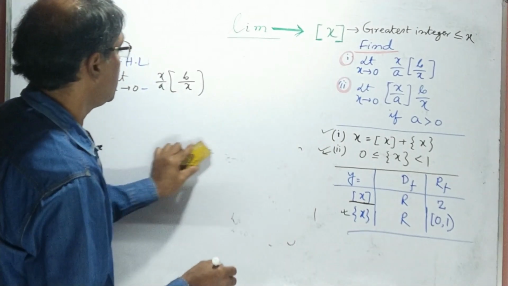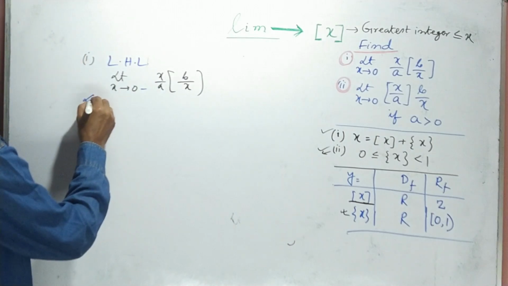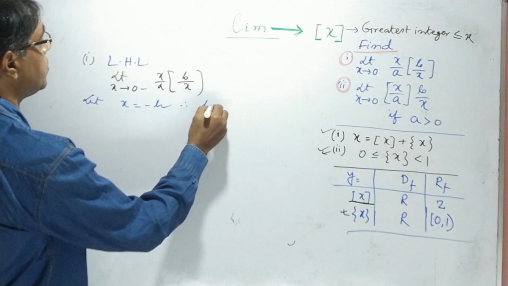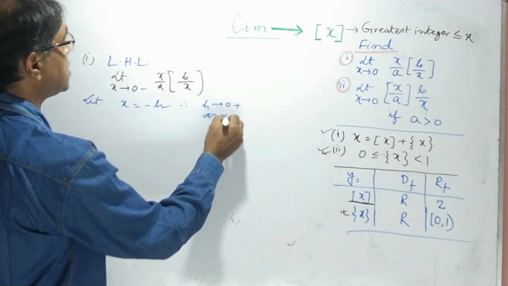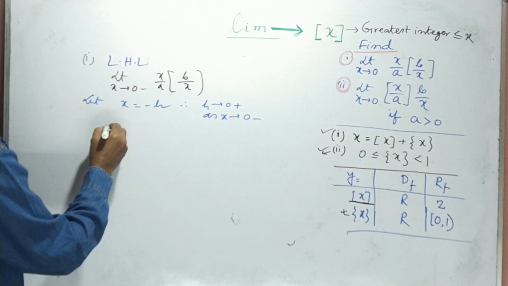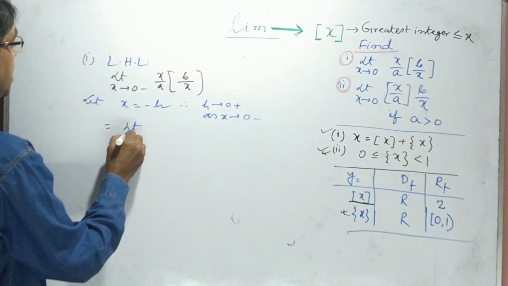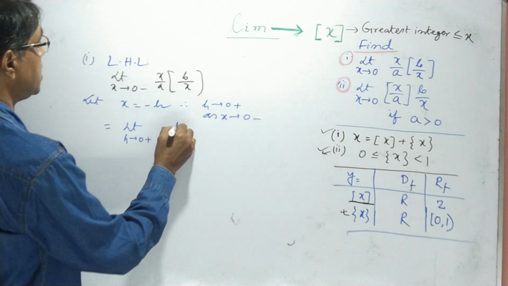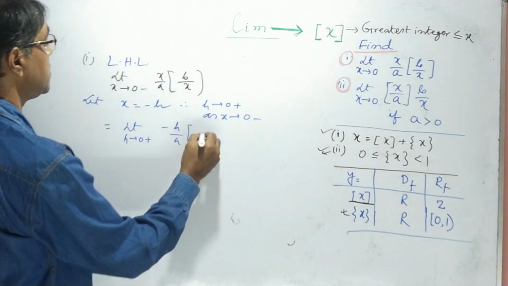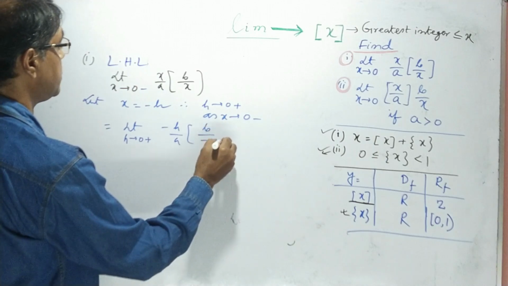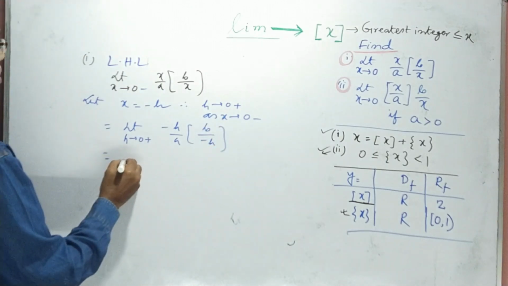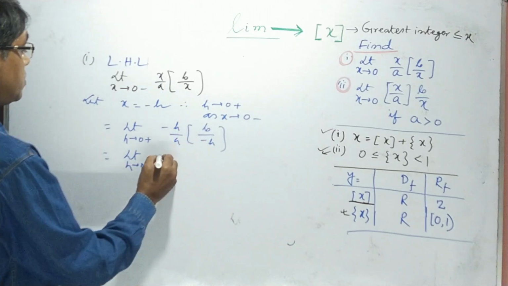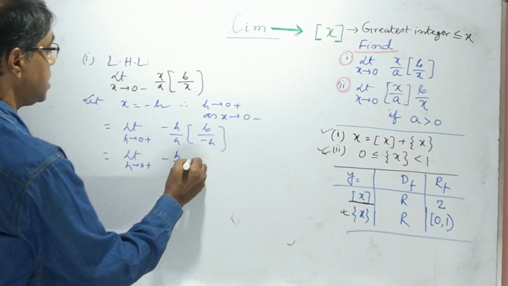Let x equals minus h, therefore h tends to 0 plus as x tends to 0 minus, so the limit equals limit h tends to 0 plus of minus h by a times the greatest integer of b by minus h.